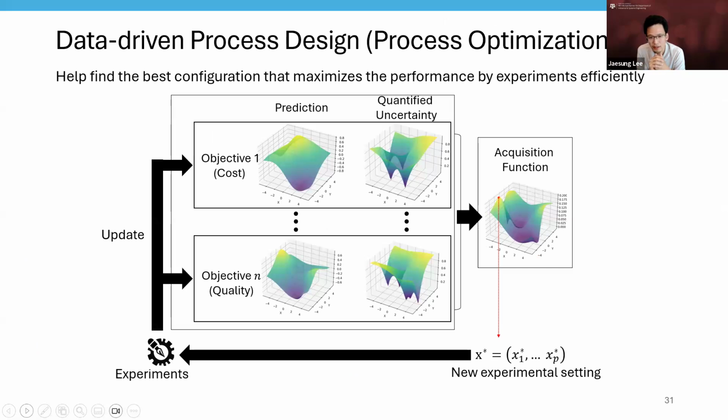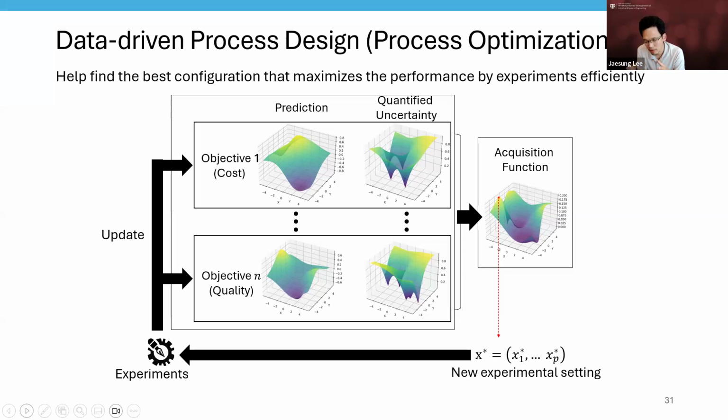It's called iterative optimization. By using the predictive model, we predict the cost or the quality or whatever key characteristic information you are interested in. Then we can also quantify the uncertainty related to that prediction.